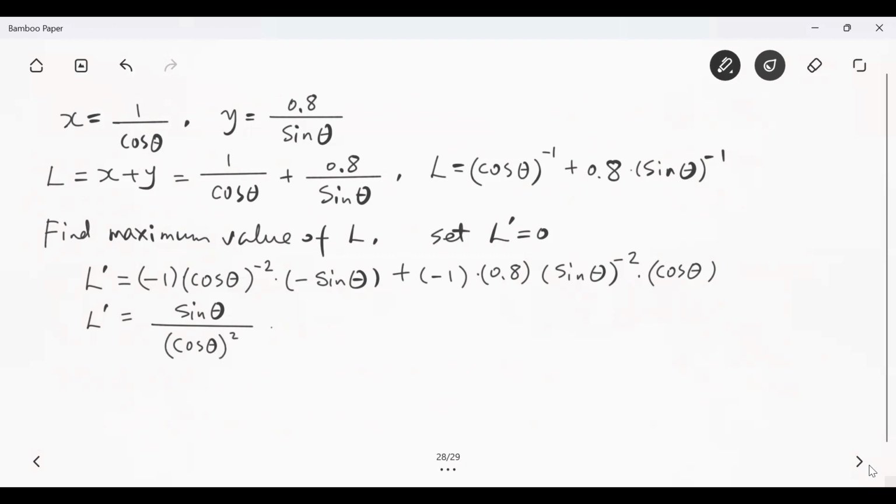And then the second term is negative, so it's minus 0.8 times cosine theta over sine squared theta, right?